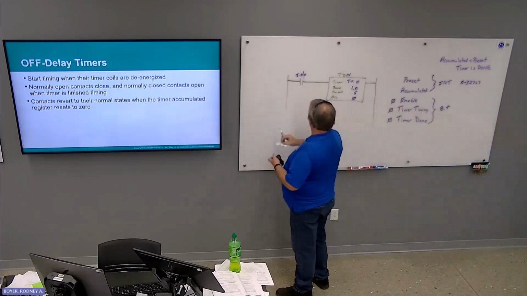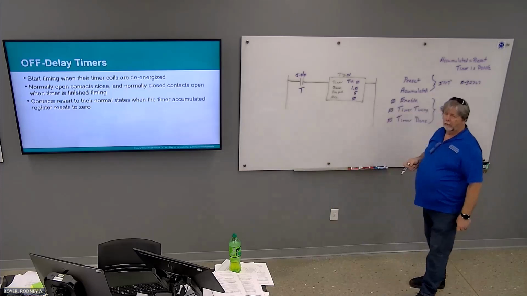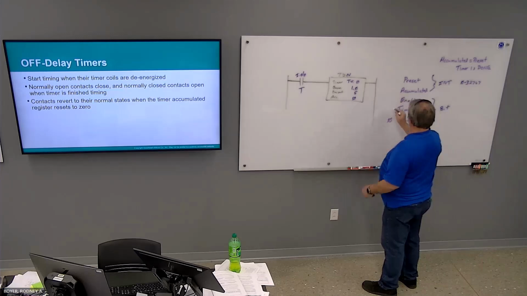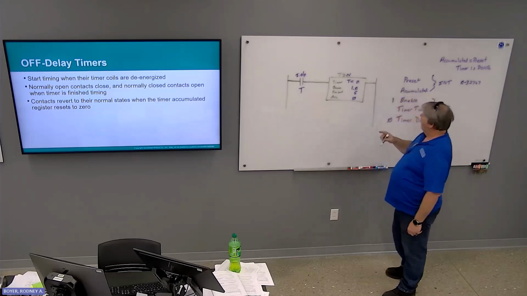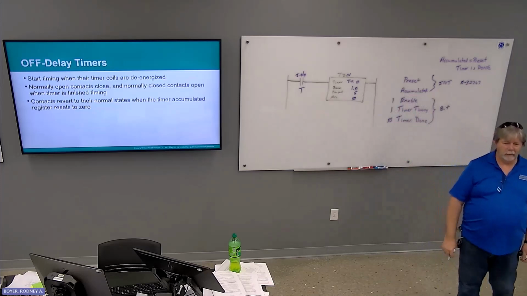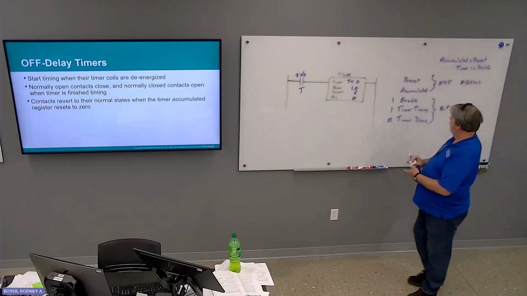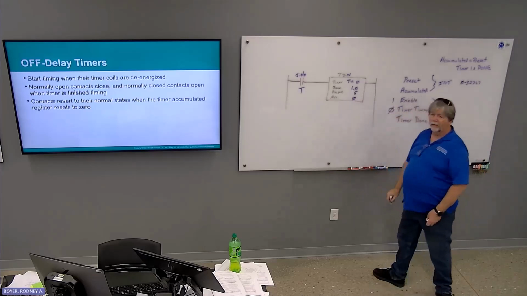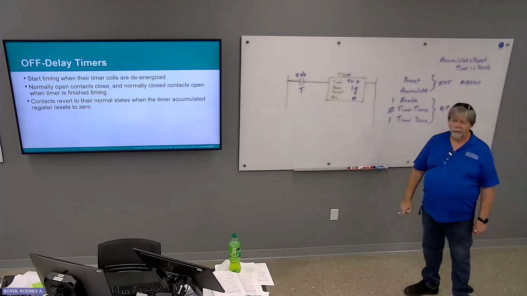When my conditional logic evaluates as true, it starts timing. The timer is now enabled because the conditional logic is true. It is actively timing. Timing is set. And then when accumulated equals preset, timer timing turns off because it's no longer timing, and the done bit will set.